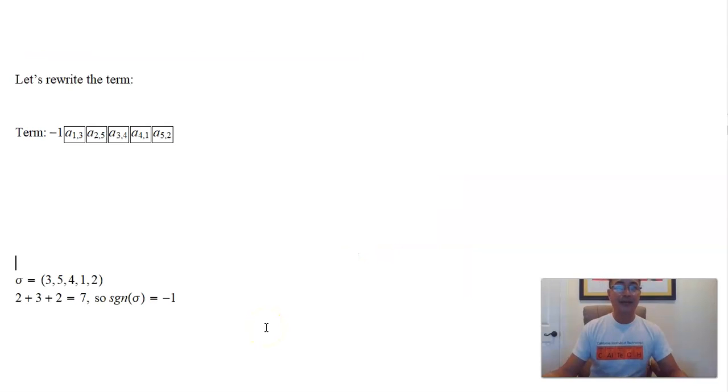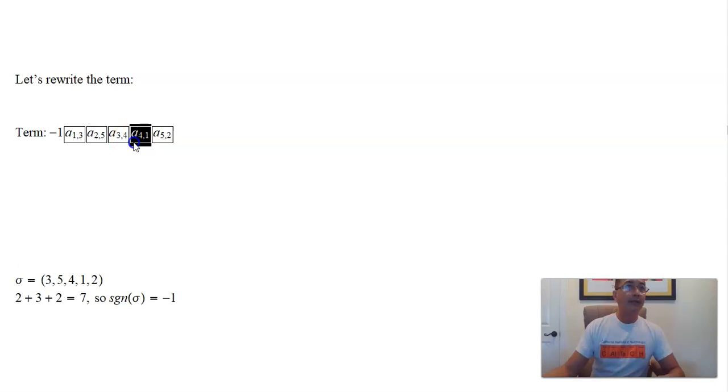All right, so I mentioned that we will eventually be able to perform column operations on our matrix as well. To prepare for that, we are going to rewrite the term that we got in a different way. So what do I mean? The terms are arranged so that the rows are in increasing order.